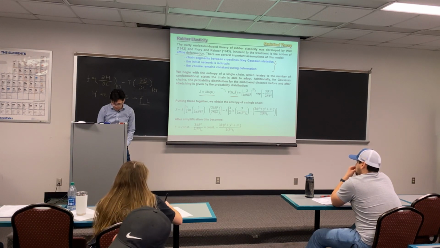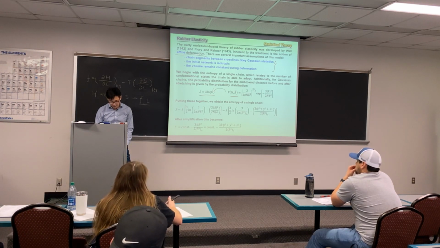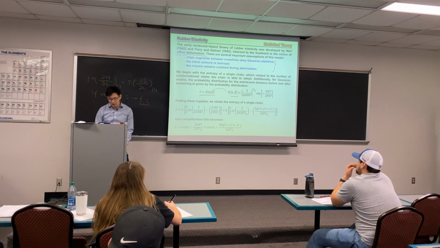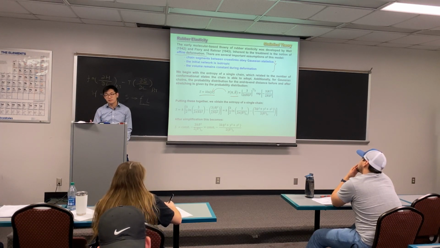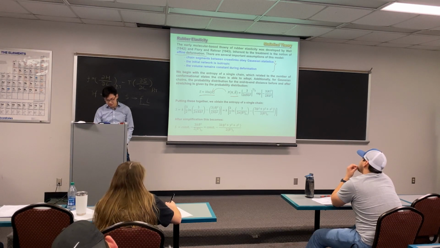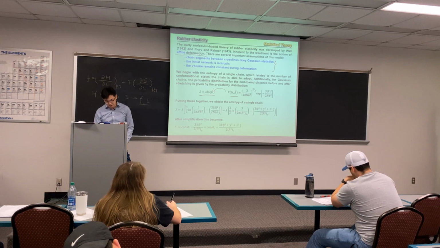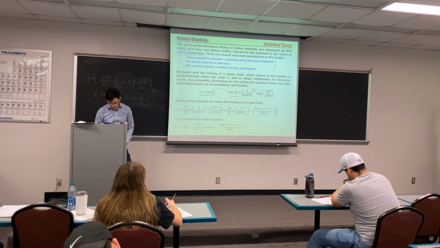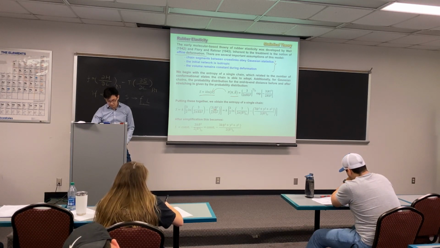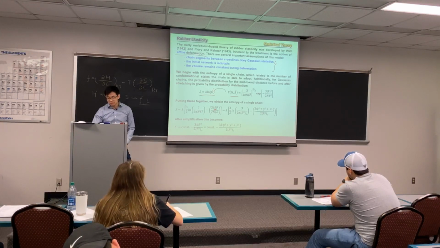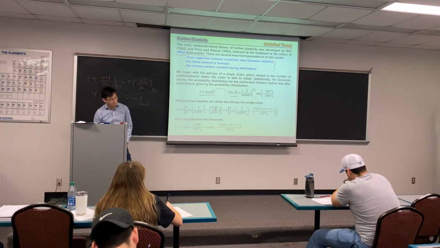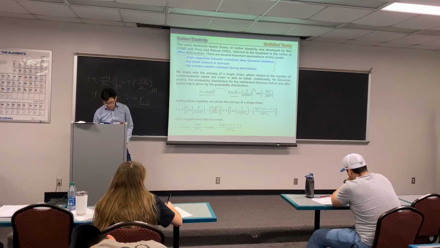Basically, you apply this equation in here, and you get the entropy of a single chain. So what this entropy says is what the entropy of my polymer chain would be at this r, okay? If you apply those, you can see this will give you two parts.